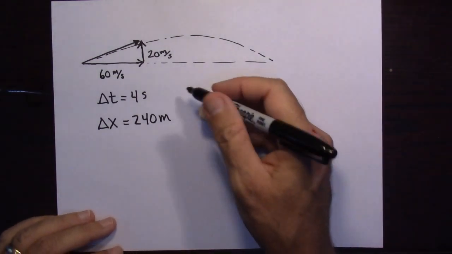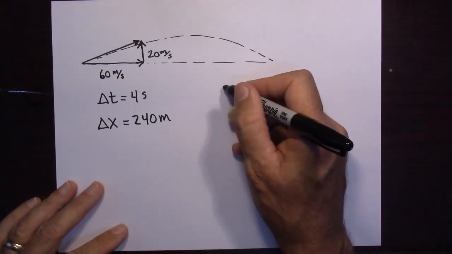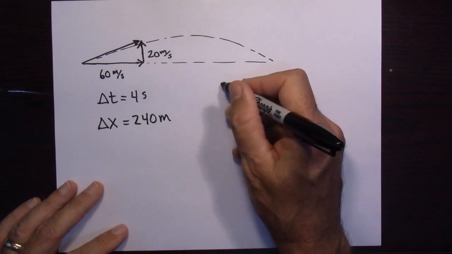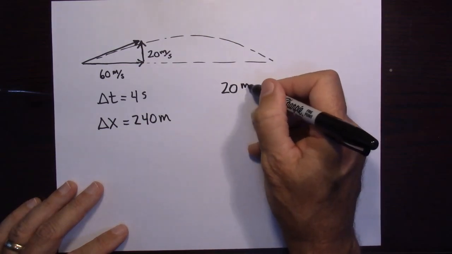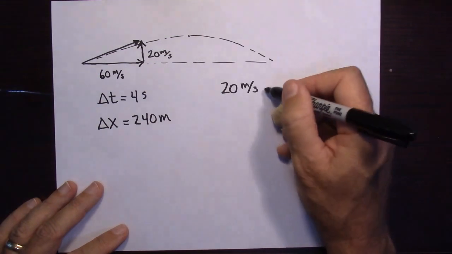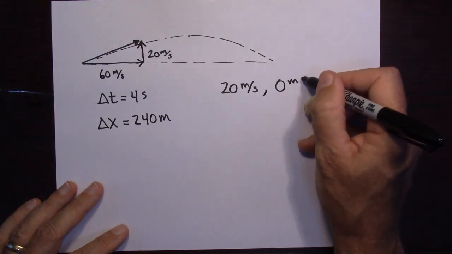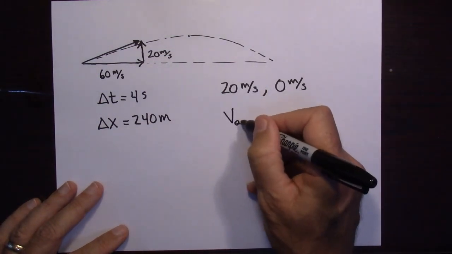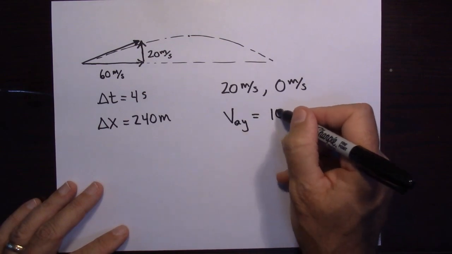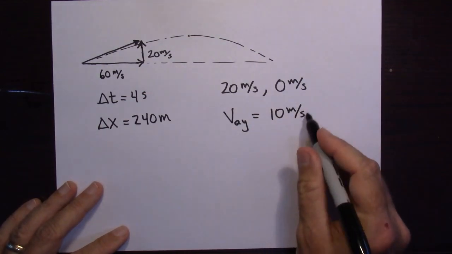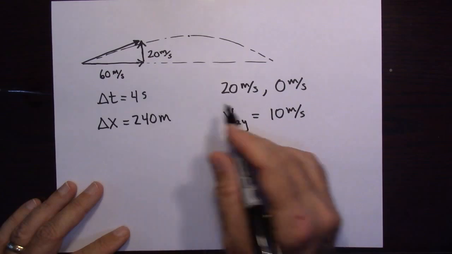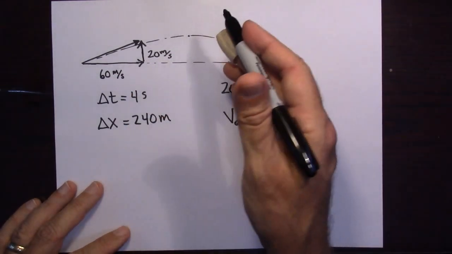And the height that it's going to go, let's see, looking at the y direction, our initial velocity in the y direction is 20 meters per second, but at the top it's 0 meters per second. So the average velocity in the y direction is 10 meters per second. And if you do 10 meters every second for 2 seconds, it's only going up for 2 seconds.